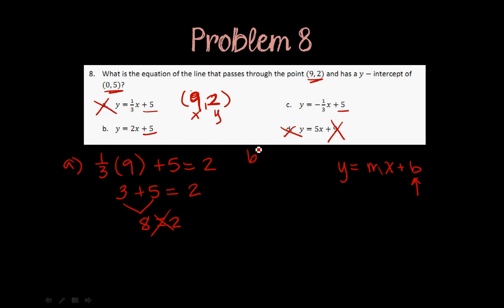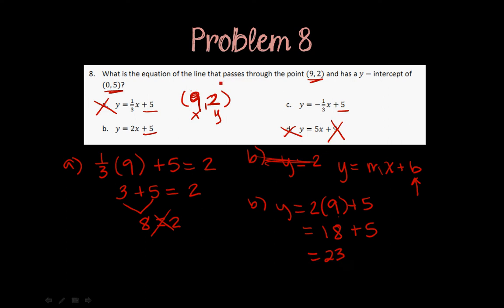Let's try B. y equals 2 times 9 plus 5. So this is 18. 2 times 9 is 18, and then 18 plus 5 gives us 23. But we should have gotten the 2, so that also doesn't work.